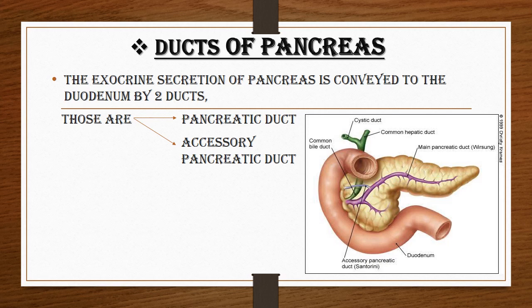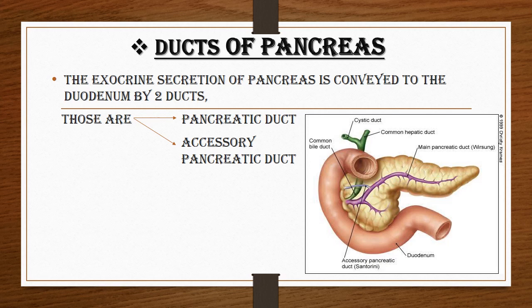One main duct receives the secretion from the tail, body and part of the head, and another duct drains the uncinate process and the lower part of the head. The main duct is usually known as the pancreatic duct, and the other is known as the accessory pancreatic duct.